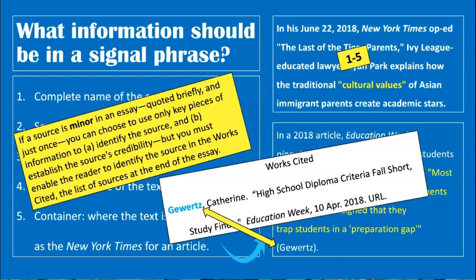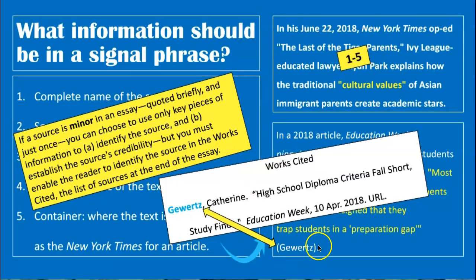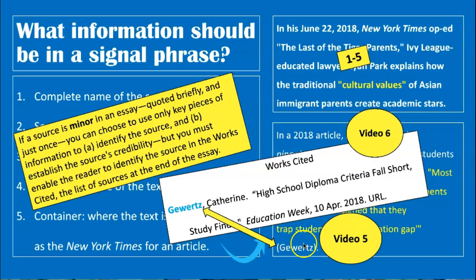So right here, we have the last name Gortz, the writer, the author of this quote here, because she is not introduced in the signal phrase, so we have this parenthetical citation to find her, to locate her in the work cited. Now, the work cited is the topic of video 6, and parenthetical citations, that's the topic of video 5.